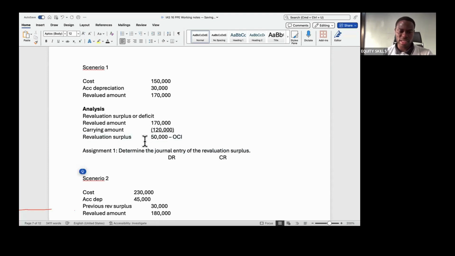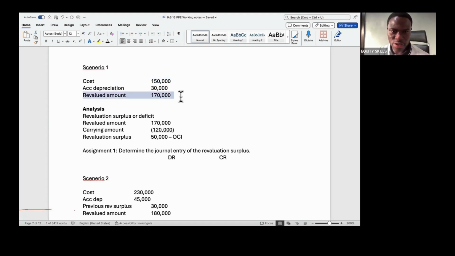First, the first thing that should come to your mind is this. We have a surplus, and a surplus would definitely increase our asset. However, we will need to look at what is in our asset account before. Our asset account was carrying 150.